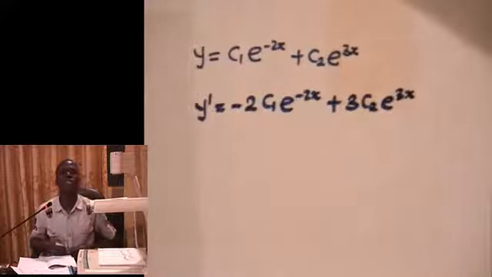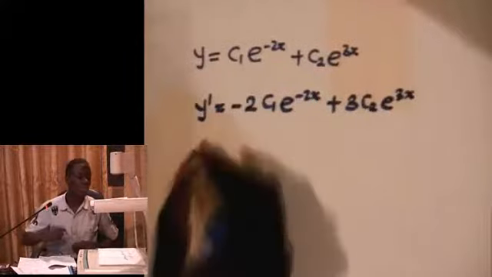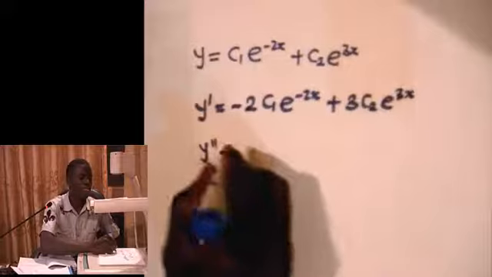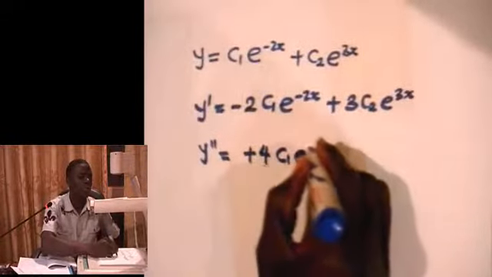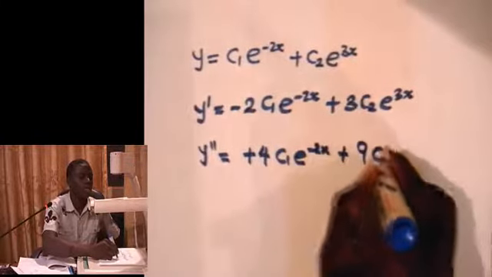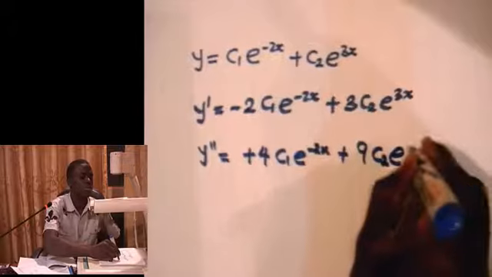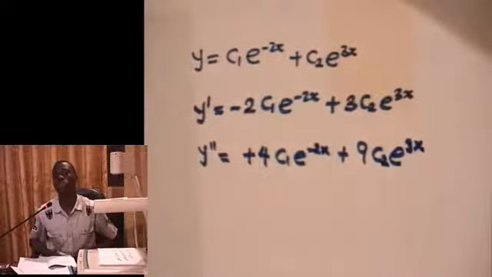If you have any problem understanding this simple differentiation, you can check my tutorials on basic mathematics for tertiary institution students. y double prime equals plus 4 c1 e raised to power minus 2x plus 9 c2 e raised to power 3x. Now we've got the two derivatives.